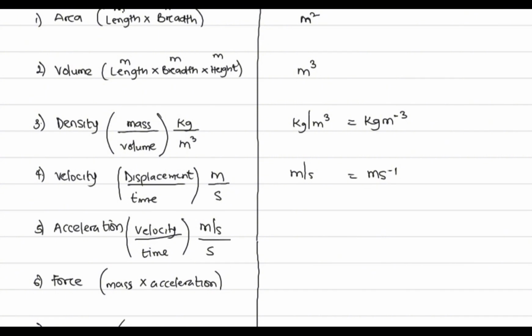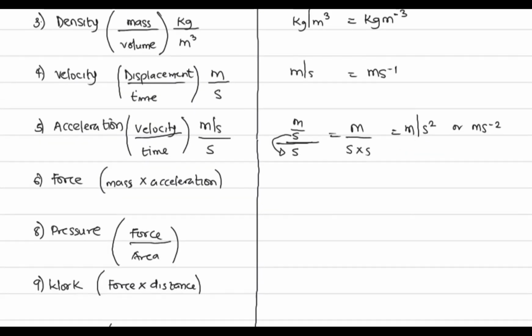So at the end of this, we have something like m over s divided by another s. This s will jump down to become m over s times s. What has happened is that this s here jumps down. And then it can be written as meter all over second square, or by indices, meter per second square.